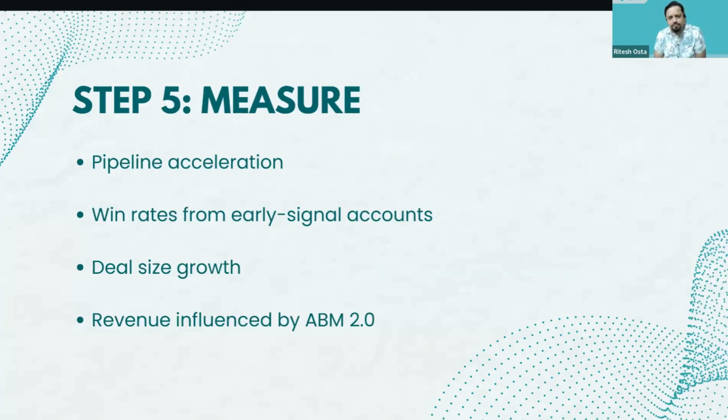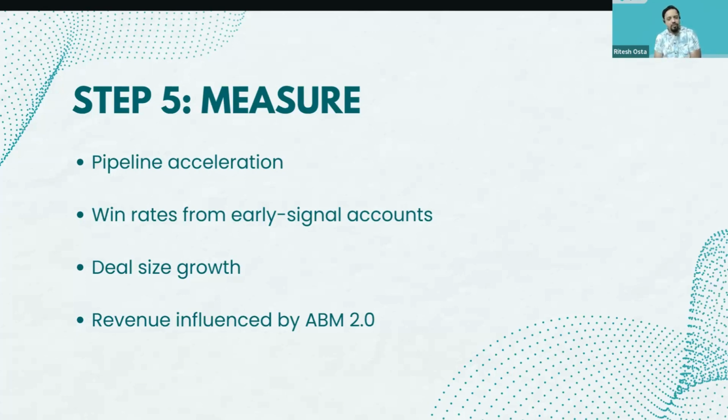And then finally, measure. Measure whether all the stuff that you're doing is actually helping you accelerate the pipeline, whether the pipeline itself is growing and whether the acceleration is happening within the pipeline. Check out the win rates, all right? Did you get any growth with respect to win rate? Did you get any growth with respect to deal size?